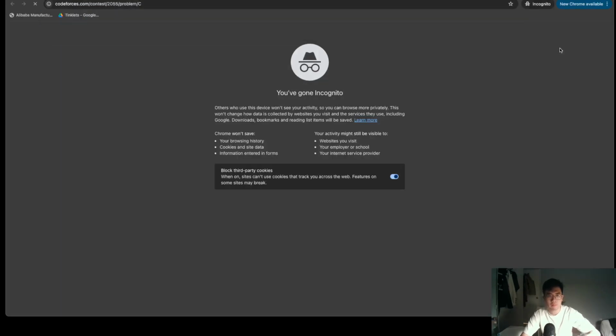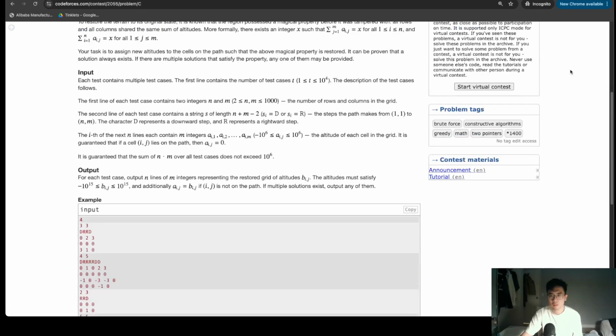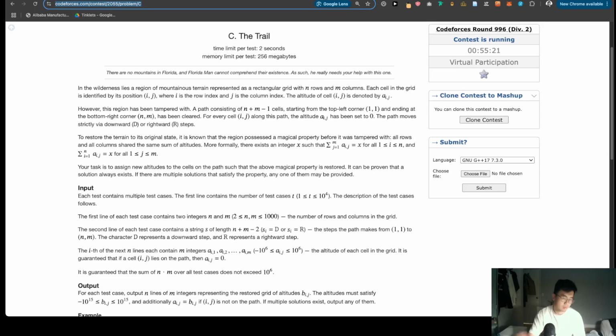Okay, so I am cheating by looking at two pointers.